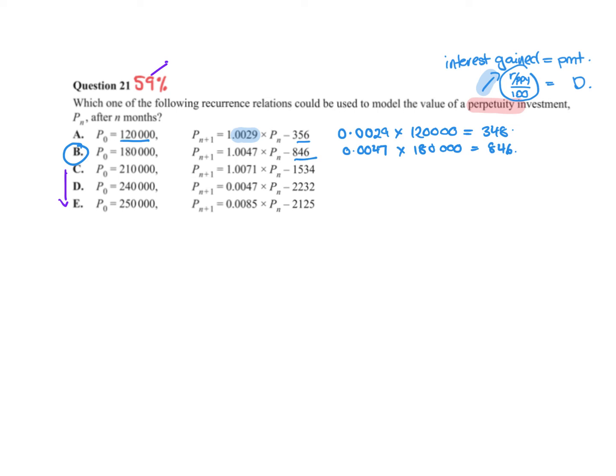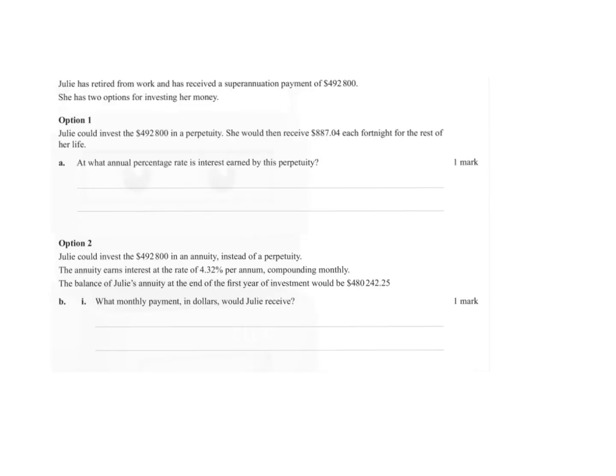So only 59% of the state got that correct. Okay, so here's a couple of exam 2 examples. Julie has retired from work and has received a payment of $492,800. She has 2 options for investing. Option 1, Julie could invest $492,800 in a perpetuity.